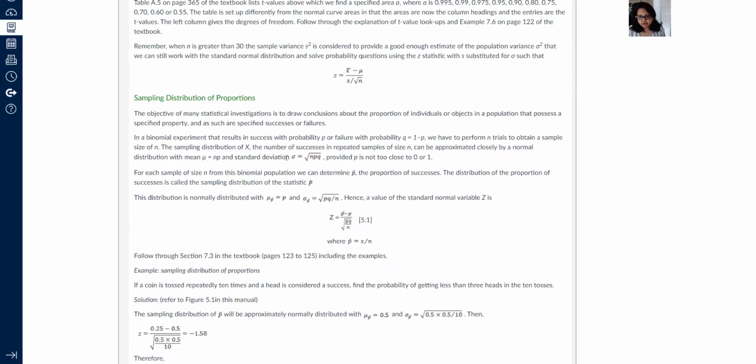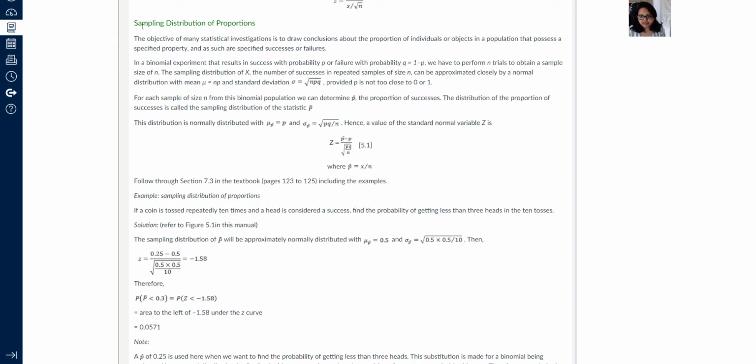Today, I basically want to talk about the sampling distribution of proportions. By the name of it, we can find the proportions. Let's say I want to find the proportion of mountain pine beetle in British Columbia, or maybe the proportion of trees that are live in a tree plantation.